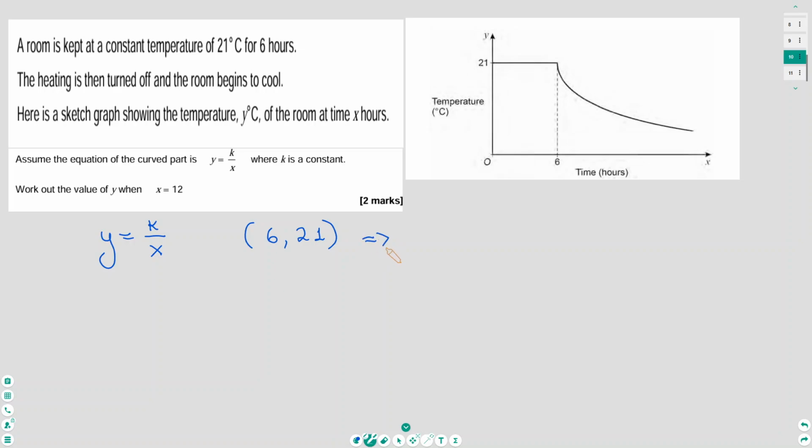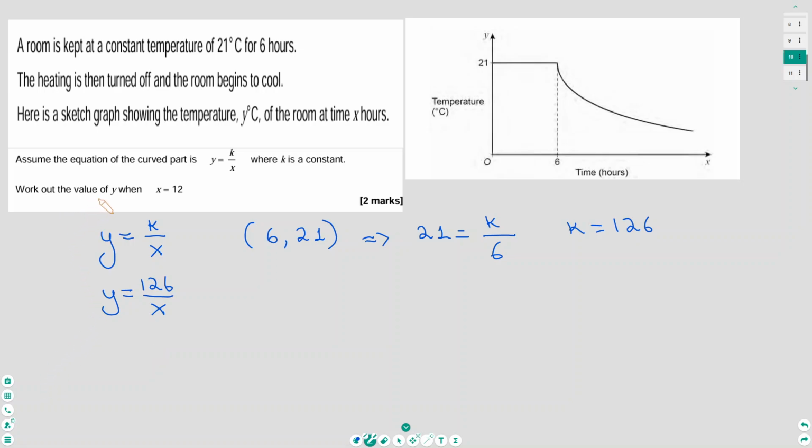So the equation is 21 equals k over 6. Therefore, k is 6 times 21, which is 126. Therefore, the equation that describes the inverse proportion, the curve, is y equals 126 over x.